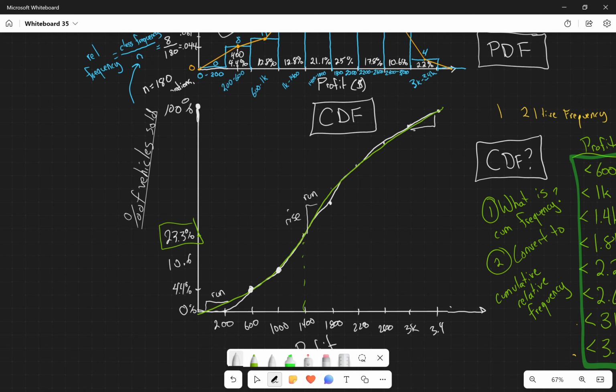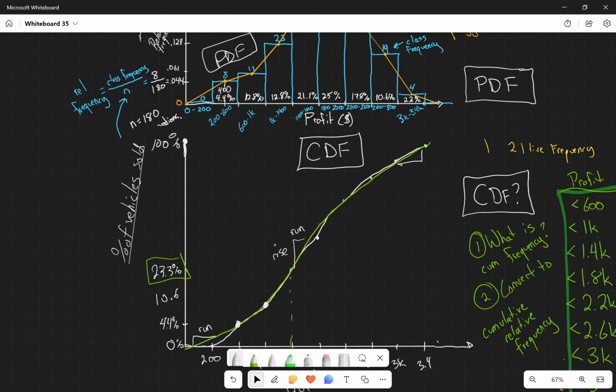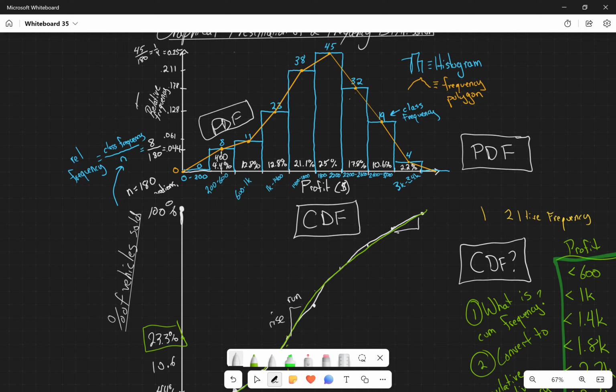And that is characteristic of the PDF, the probability distribution function. There is a low likelihood of finding yourself in the 200 to 1,000 region and finding yourself in the 2,600 to 3,400 region. There is a high likelihood that you're in this bulky middle here.